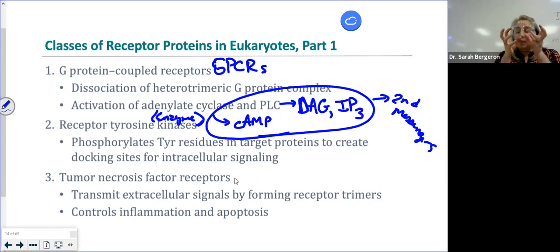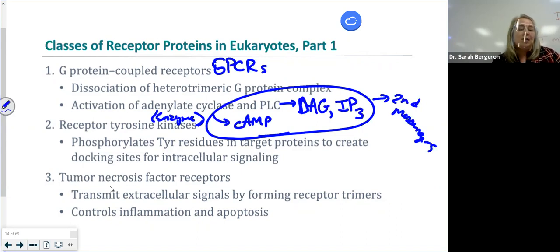But when it binds to its ligand, it undergoes a conformational change, and then it can phosphorylate other things. And because these other things are phosphorylated, now they can participate in binding and induce downstream effects, right? So G protein coupled receptors aren't kinases, right? So when you're looking at these, I want you to think about what the name means and what that's going to mean in terms of your signal transduction cascade.